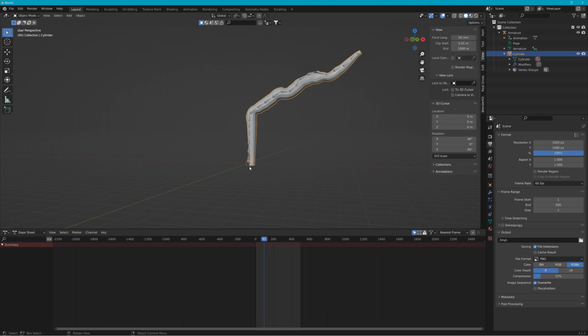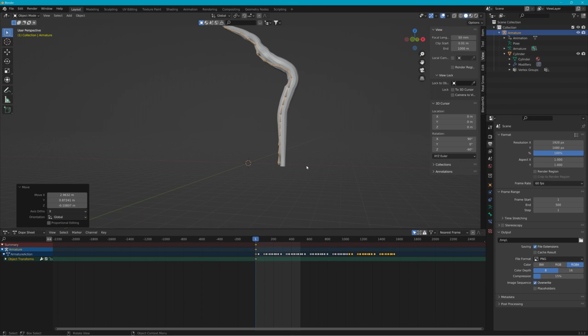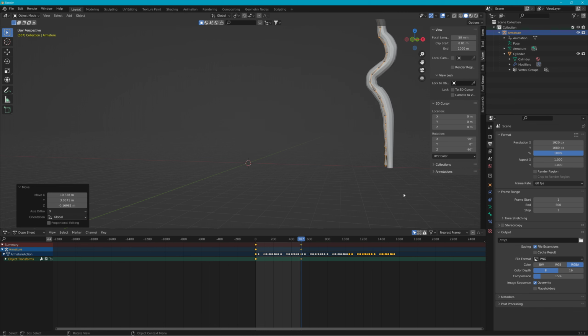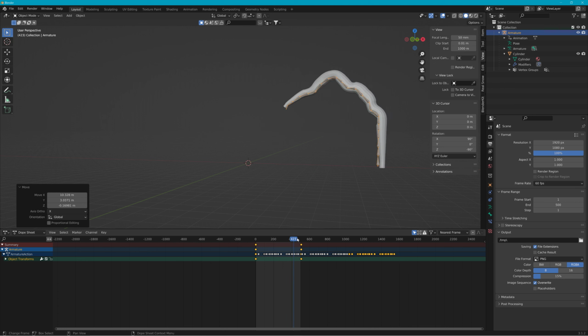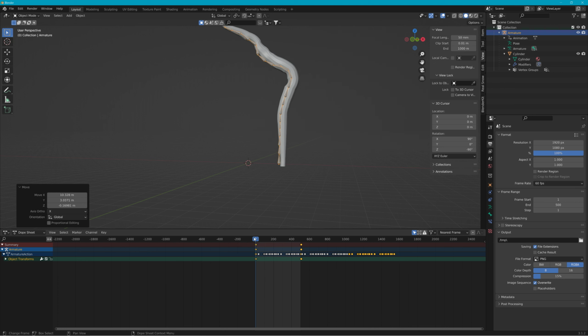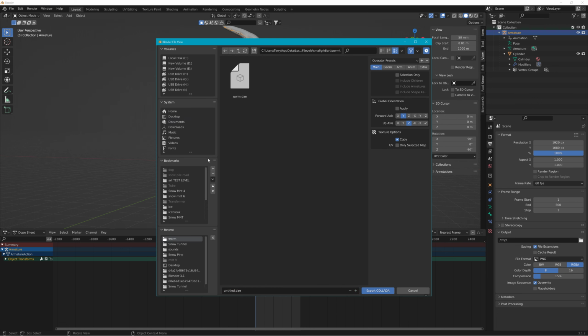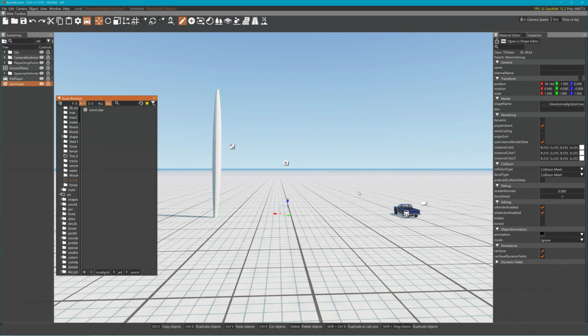Alright, let's do this. Now, you know if a bone moves from point A to point B, then the structure is supposed to move also. So what do we get?